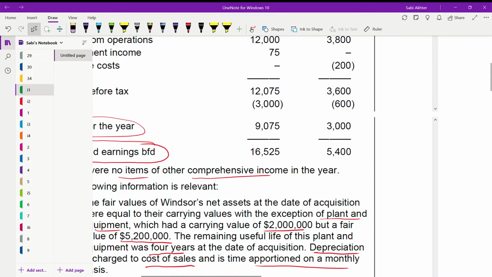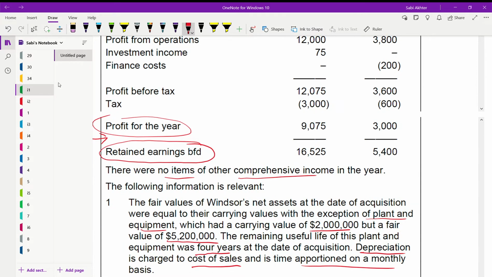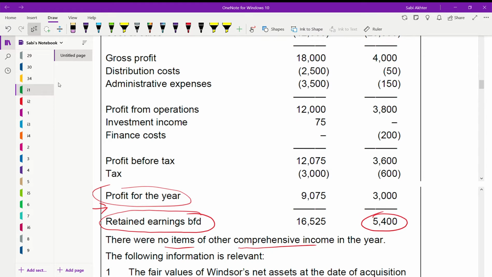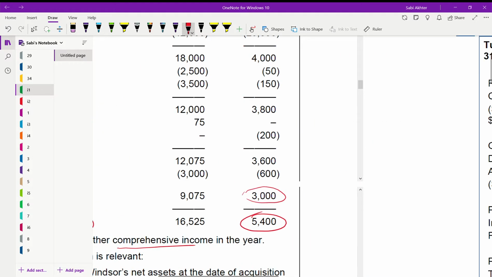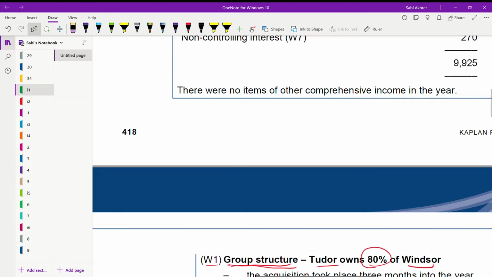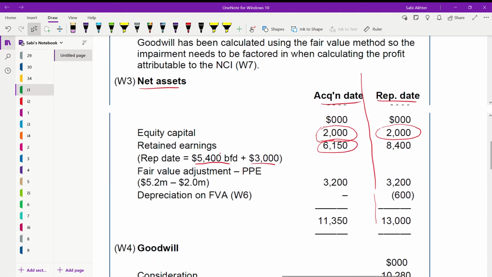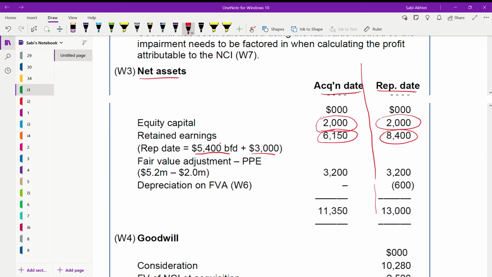Just this one. This is the reporting date for Winster only, and you have to add this profit for the year. Don't forget that. So at the reporting date, it is profit plus the retained earnings. That will go as your retained earnings. Hence 8.4 million.